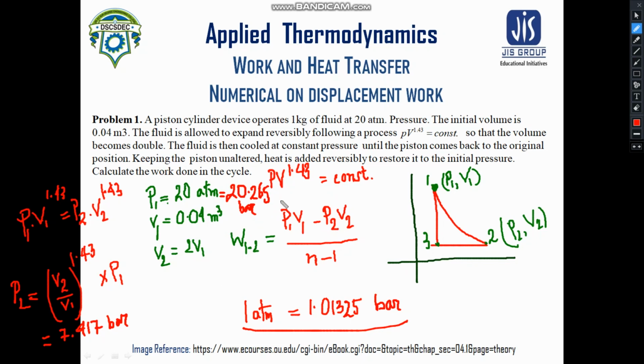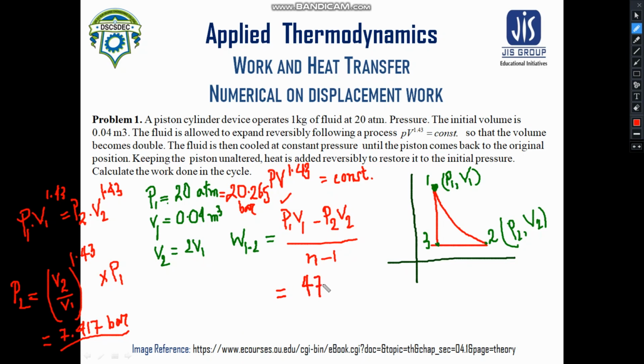Okay, so now you have P1 as 20.265 bar, V1 as 0.04 meter cube, P2 as 7.417 bar, and V2 as 0.08, because it is double of V1. So if you put these values and multiply this whole equation by 100, then you will find the work done in kilojoules.